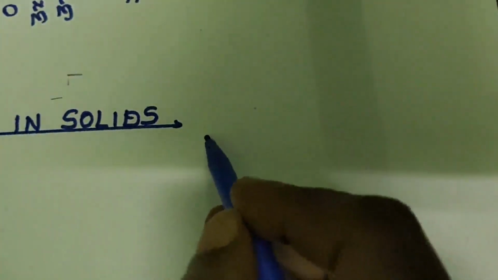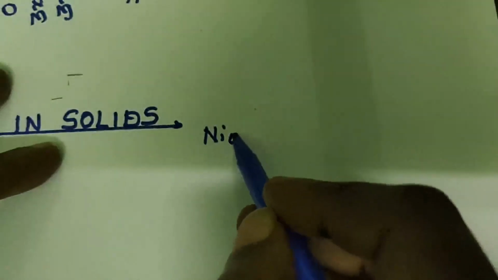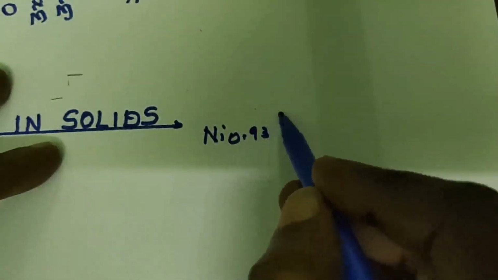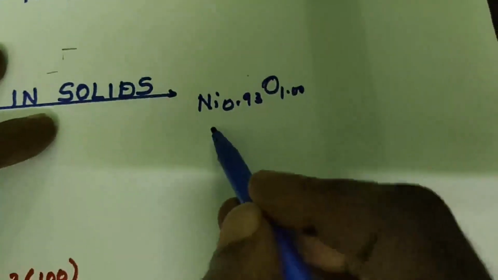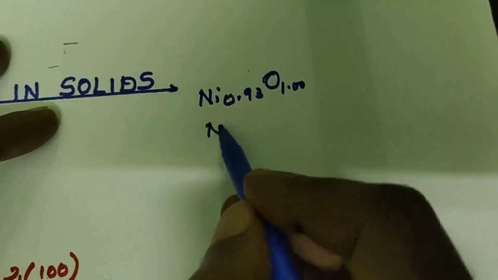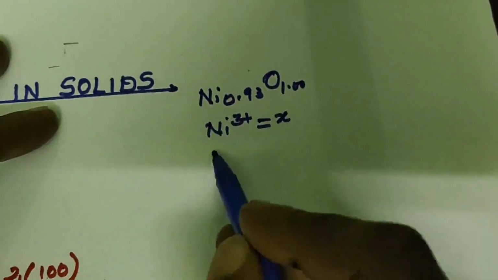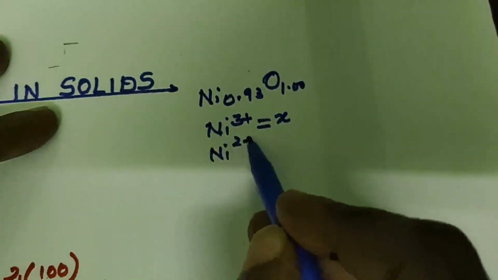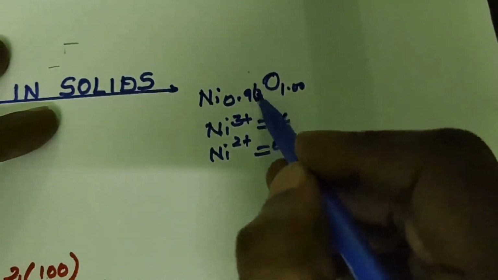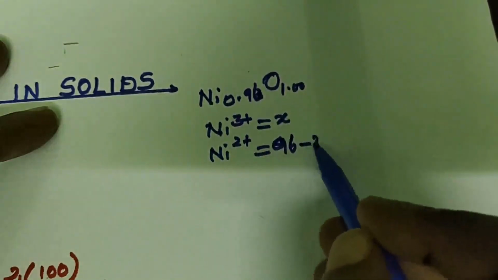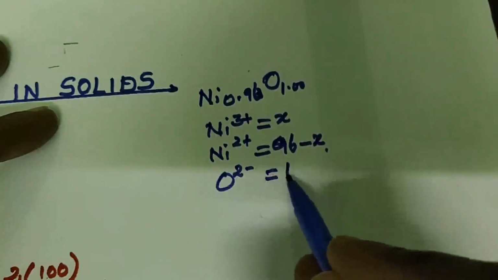Ni3+ is x, Ni2+ is 96 minus x, and O2 minus is 100.